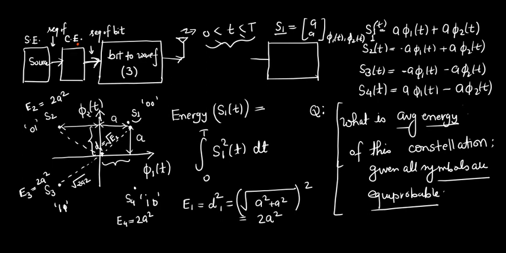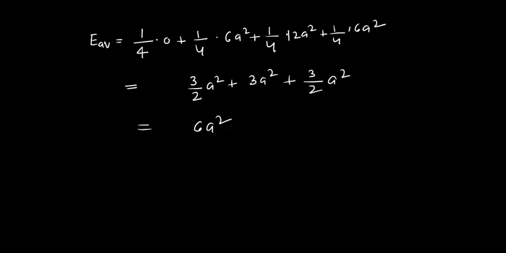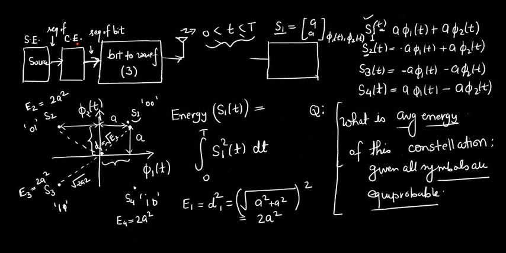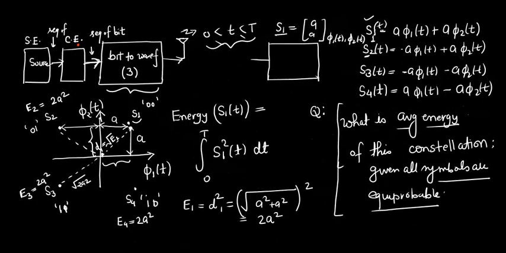Sometimes S1t would come out. When S1t comes out, how much energy will be consumed? Almost 1 by 4 times S2 would come out, 1 by 4 times S3, and so on. So 1 by 4 E1 plus up to 1 by 4 E4, and therefore this average energy would give you an idea how much energy would be consumed here. Okay?